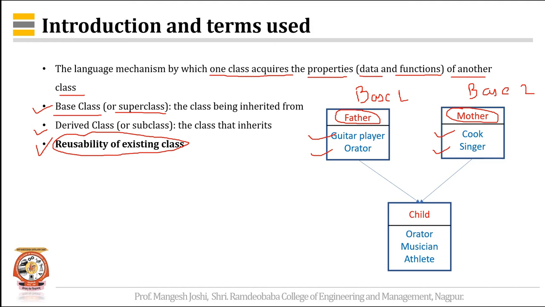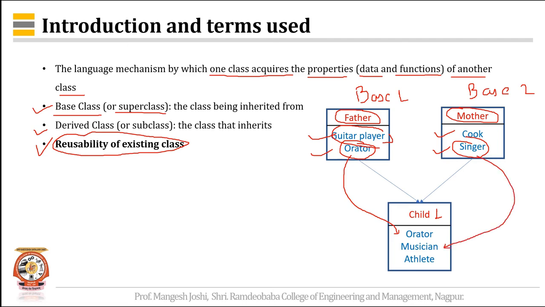Now the child acquires some properties from father and mother. Suppose this child is a derived class or subclass, and it acquired the property of oratorship from the father. Now, combining guitar player and singer, the child has acquired the properties of a musician.